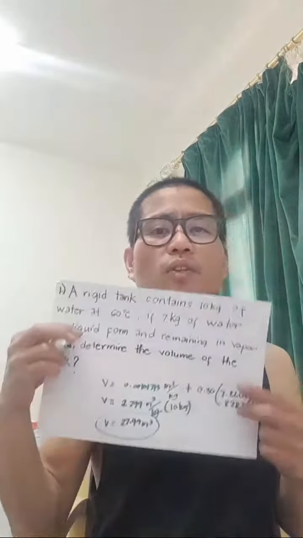What is left is the cubic meter. 2.299 times 10 is equal to 22.99, oh no, sorry, cubic meter. This volume is 22.99 cubic meter, the total volume of the tank.